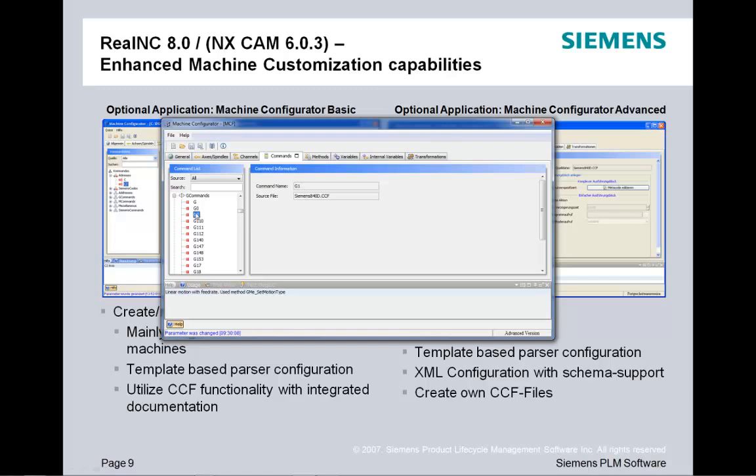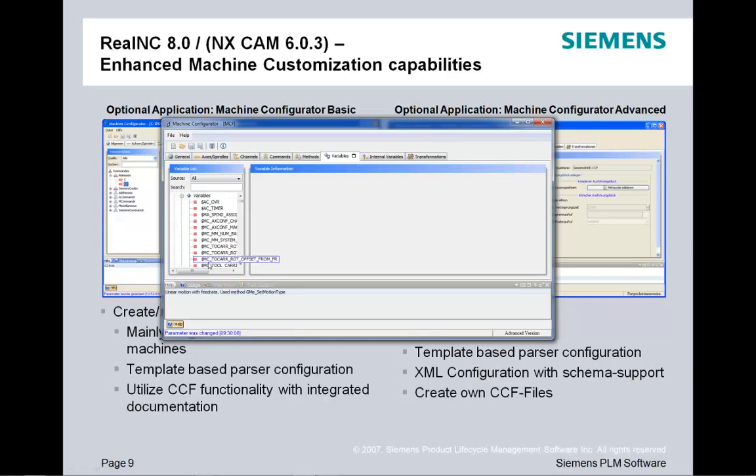Here, basically, the CCF file contains the configuration of what should happen upon a G0. So in a G0 there's a definition that this is rapid, G1 says this is a feed rate move. On the method side, this is a way to reuse capabilities, so it's kind of a subprogram that you can use in the commands.